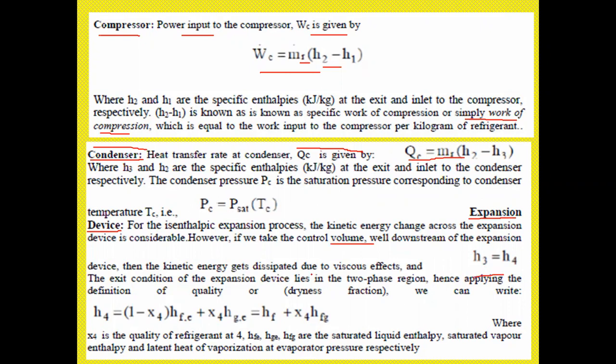The kinetic energy gets dissipated into various effects, and it can be written in terms of dryness fraction: H4 equals (1 minus X4) times Hf plus X4 times Hg, which is equal to Hf plus X4 Hfg, right?